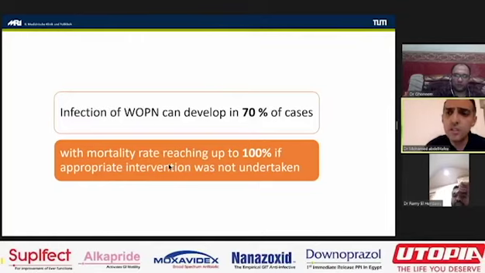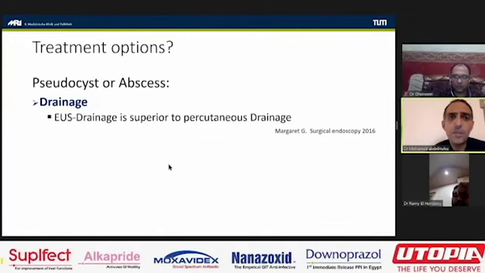The patient is doing well, his labs completely normal. And what always happens, this patient will come in the near future with sepsis and many times with a perforated organ like the colon. Treatment options: if we know that this is a pseudocyst or abscess, drainage is more than enough.